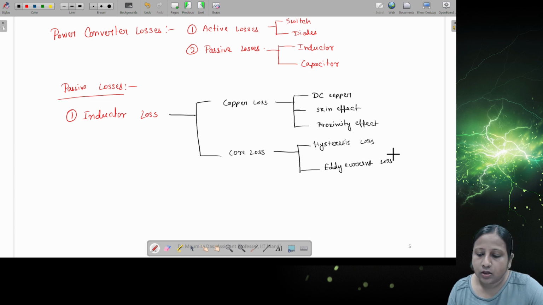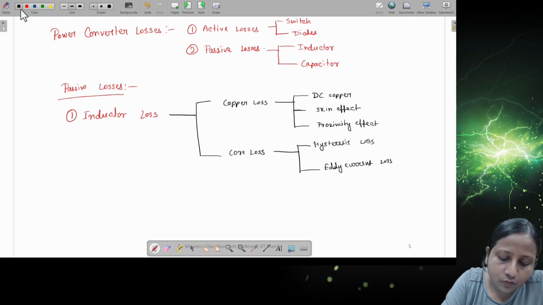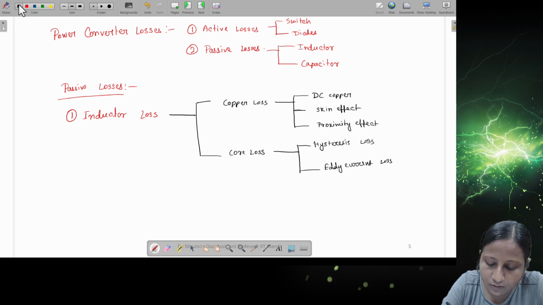Now these losses will be there, but how to select the optimum kind of inductor? There are also other factors which we need to look after.